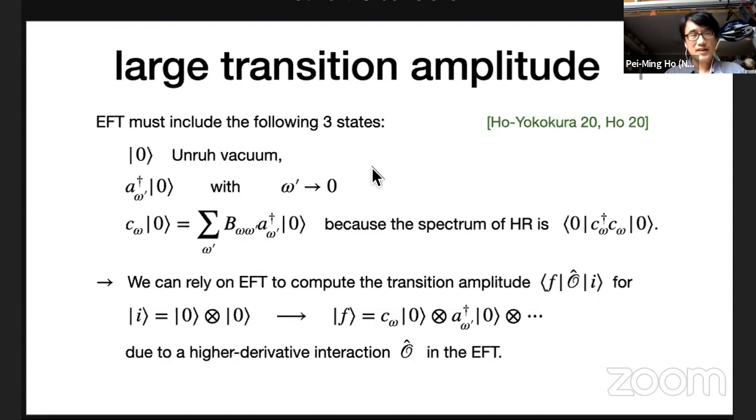The concrete calculation we will do is the following. We calculate the transition amplitude from the en-route vacuum to an excited state with particles. The effective field theory does not have to include all states, but there are three types of states that must be included if you want to say you are actually working with an effective field theory for this problem of black hole evaporation. Firstly, you have the en-route vacuum, because that's the assumption for the initial state.